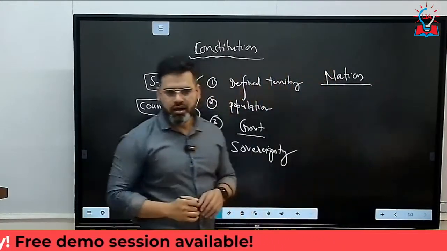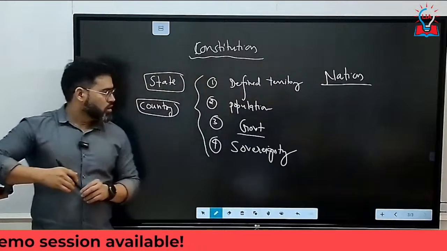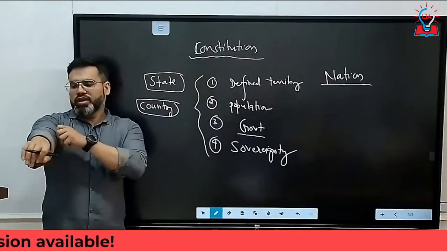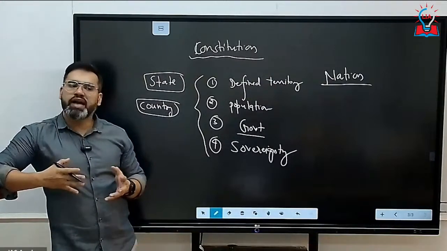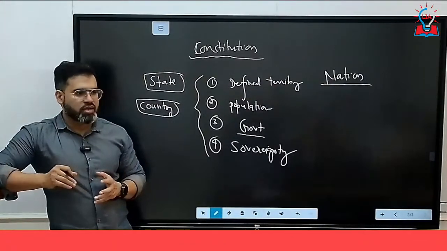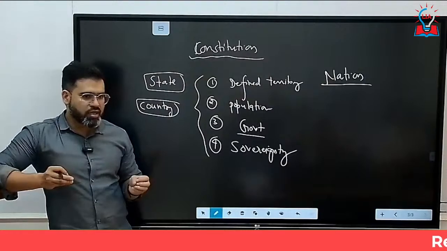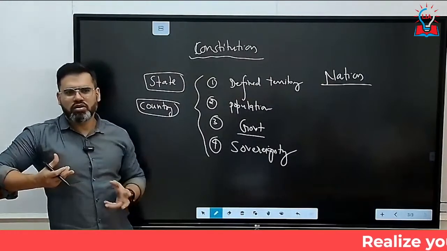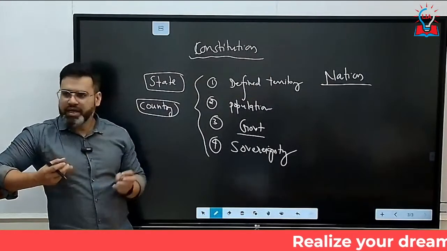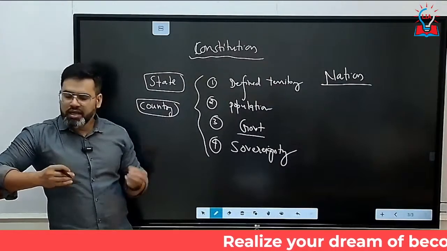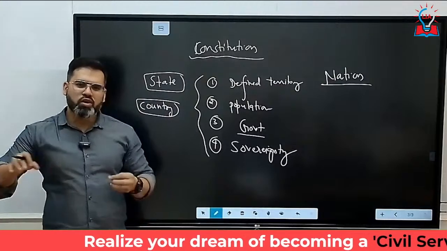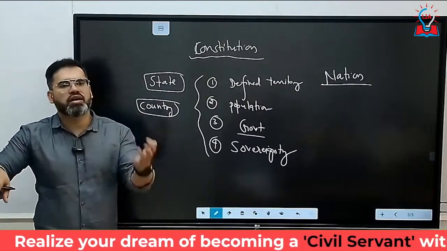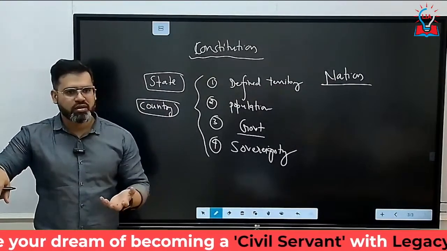Nation, correct? Sovereignty means when any country is free from outside influence. Like India is a country. Is India free from outside or not? India is independent. India can decide its own foreign policy, or does India need to depend on any other country for its own foreign policy?